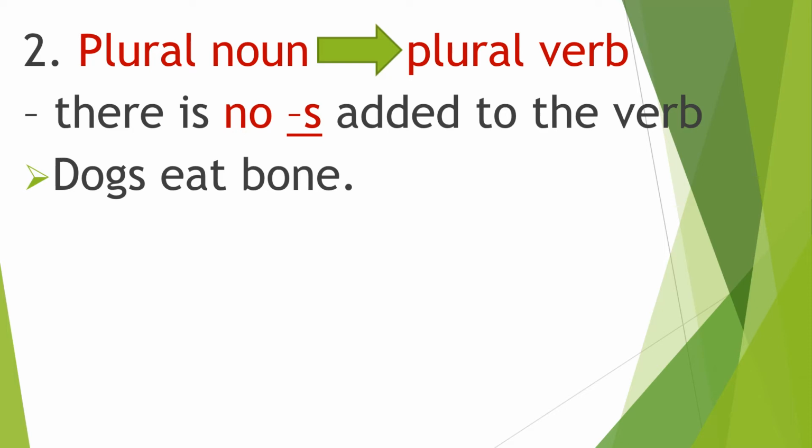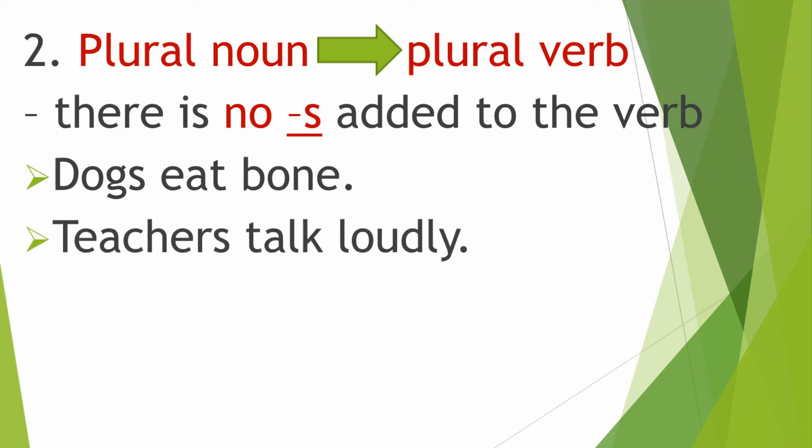Now, what is the subject in the sentence? The subject in the sentence is dogs, which is plural noun, and the verb in the sentence is eat, which is plural in form. So have you noticed that there is no s added to the verb eat?